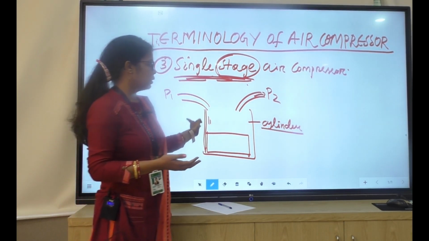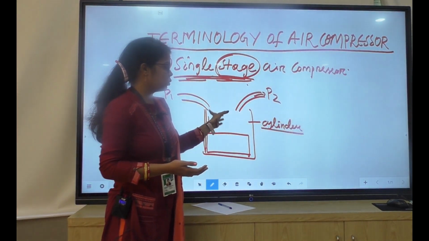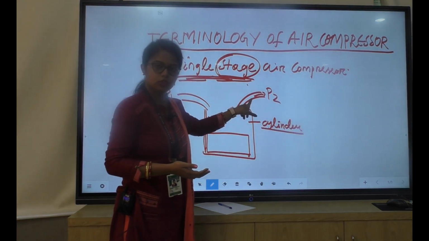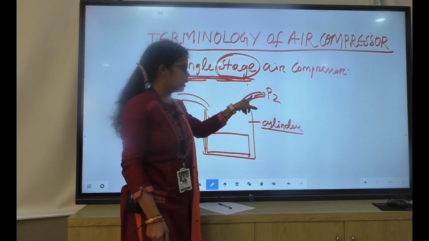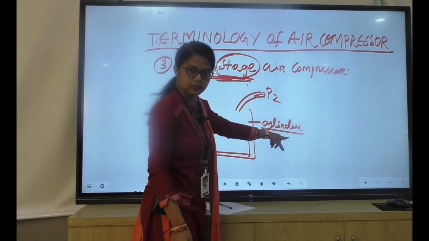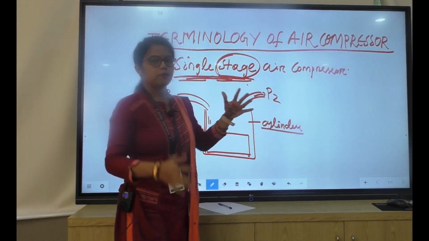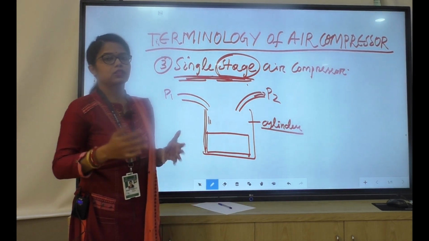That means in the first stage we will compress the air up to a certain pressure, then the exit air will enter the second cylinder. Like this we compress the air in a multi-staging process.